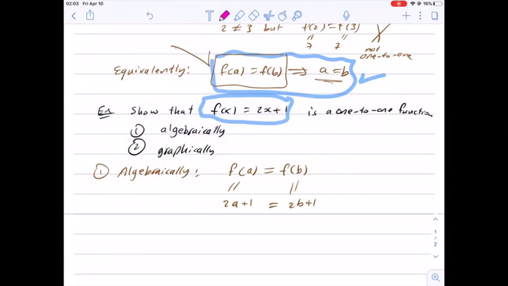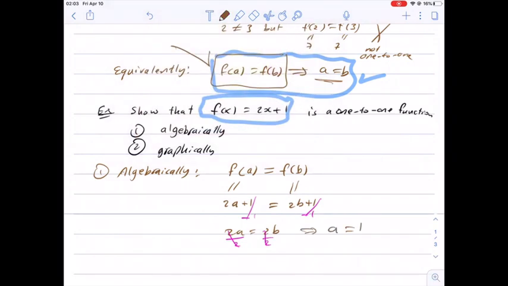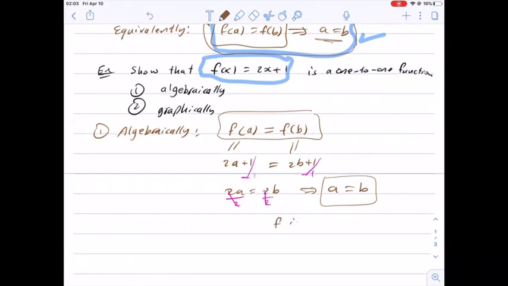And then we want to show a equals b. So let's subtract 1 first. So we get 2a equals 2b, and then you divide by the coefficient of a and b, which is 2. So we get a equals b. So we started with f of a equals f of b, two equal outputs, and we obtained two equal inputs, and according to this, the function is 1-to-1.